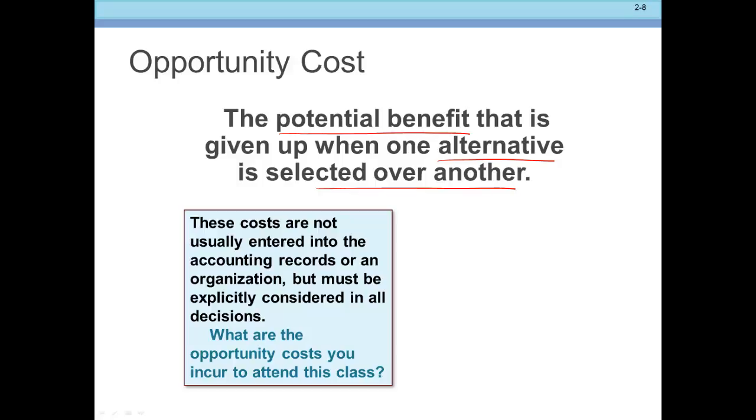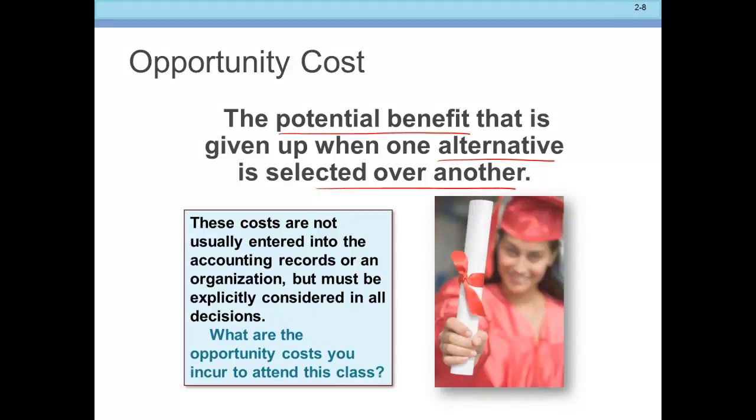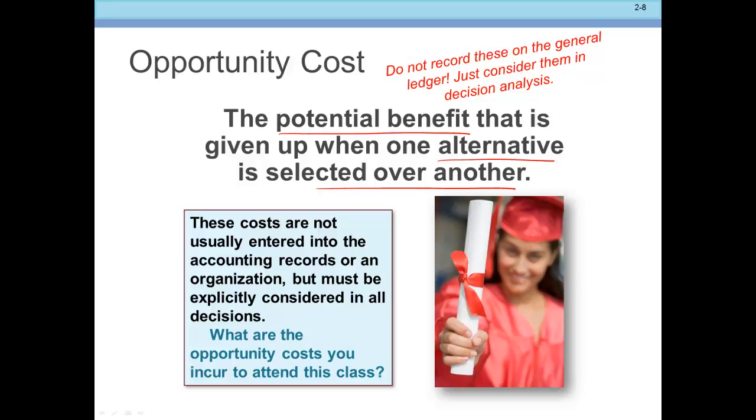Then the $50,000 is an opportunity cost of going to college. Only thing is, I'm planning on earning a lot more doing the accountant thing, which means my opportunity costs are much higher. Ah, yes. Opportunity costs are what you are foregoing by not choosing the next best alternative. Remember, these costs don't get recorded on the accounting records, but we need to consider them in our decision process.